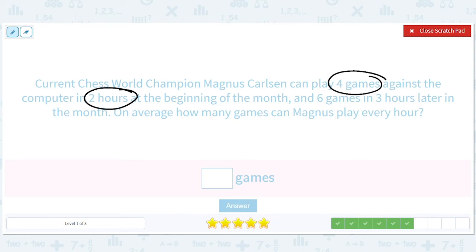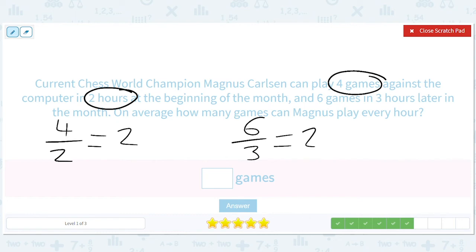So 4 divided by 2 is equal to 2 games per hour, or 6 games in 3 hours, which is also equal to 2. So Magnus Carlsen can play 2 games an hour.